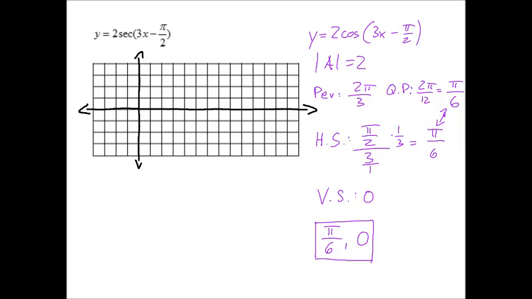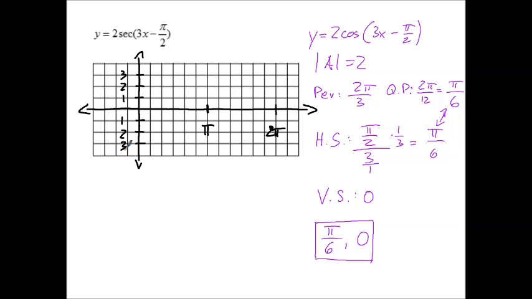Remember, if the period is something with a denominator of 6, we're going to deviate from our normal procedure and we're going to mark pi after 6 boxes and 2 pi then accordingly after 12. And also because of our amplitude, we're going to mark the y-axis a little more closer together.